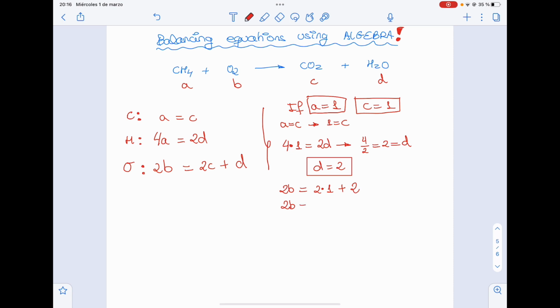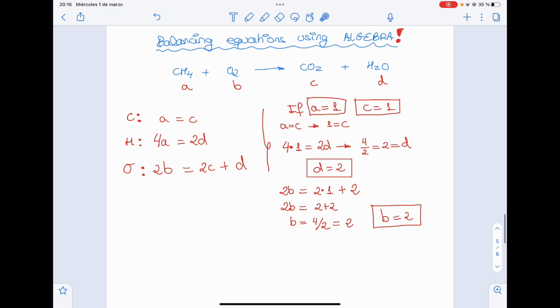So 2B is going to be equal to 4. So B is going to be equal to 4 divided by 2, which is 2. So A is 1, B is 2, C is 1, and D is 2.